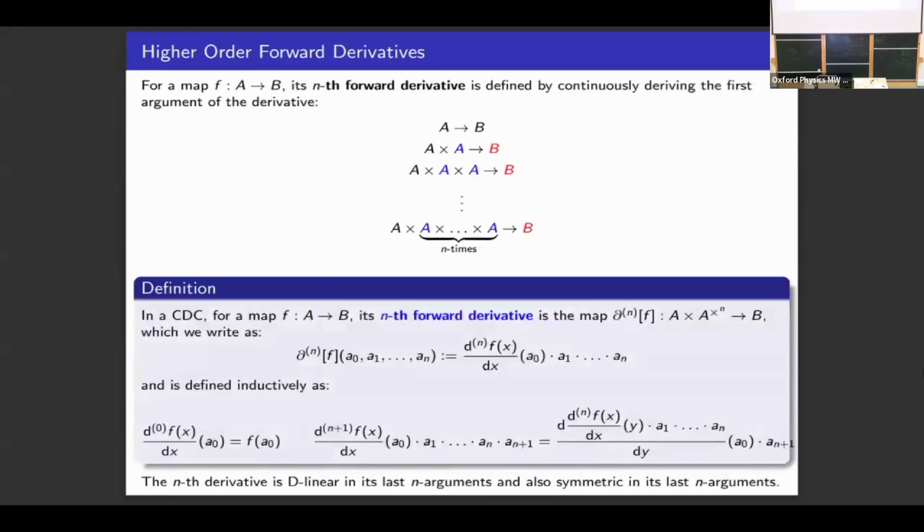We define the nth higher order forward derivative of f as the function of type A^n to B, where you continuously differentiate the first variable, and it's defined inductively as follows. Not only that, this function is n-linear, multilinear in its last n arguments, and also symmetric.